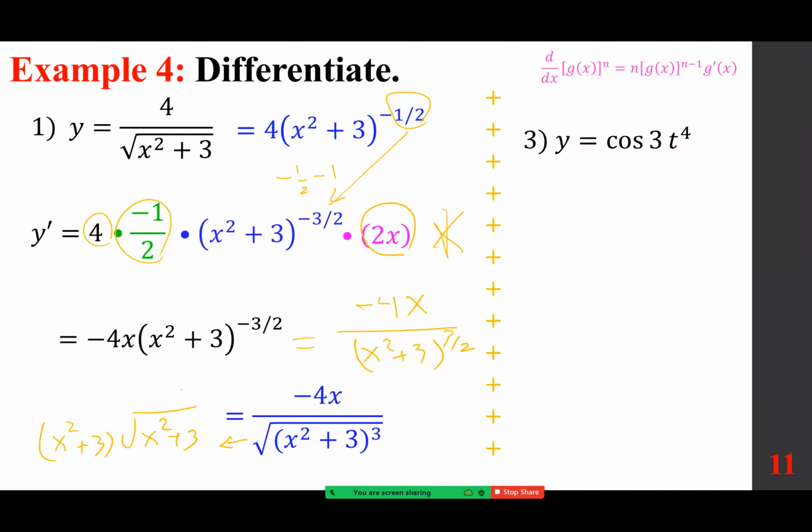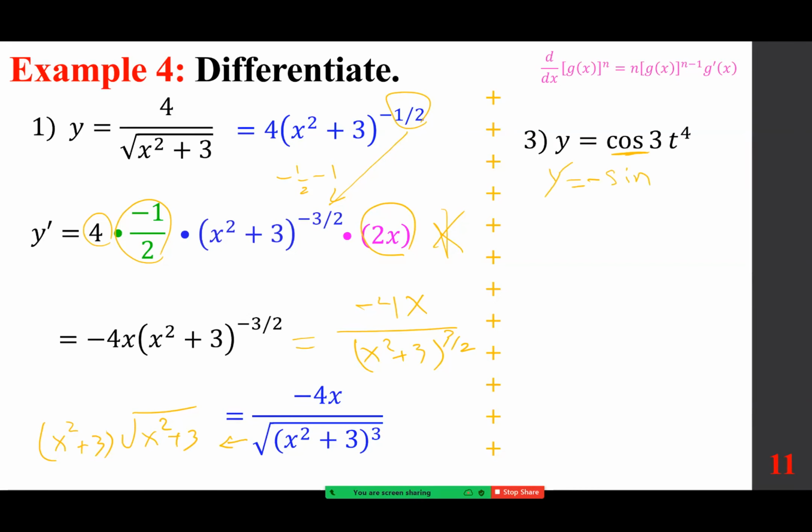We want to differentiate y equals cosine 3t to the power of 4. And I'm going to start with the way I mentioned it at the beginning. Anytime you have sine, cosine, and things of that nature, you want to pause. So I'm going to read cosine and I'm going to pause. And that gives me y prime equals negative sine.